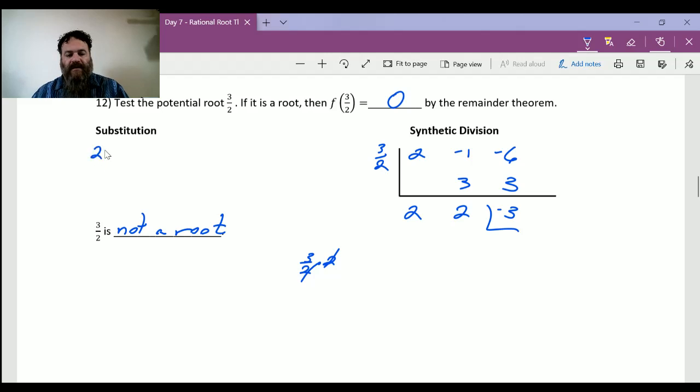That would look like this: 2, nice happy set of parentheses, squared, minus 1x, empty parentheses there, minus 6, and then you would just do 3 halves in both of those places. You're probably not going to go with that. I just think this is simpler to write out and not have to worry about parentheses. Again, if you're doing that correctly, you can just put it in your calculator, and it'll give you the right answer.